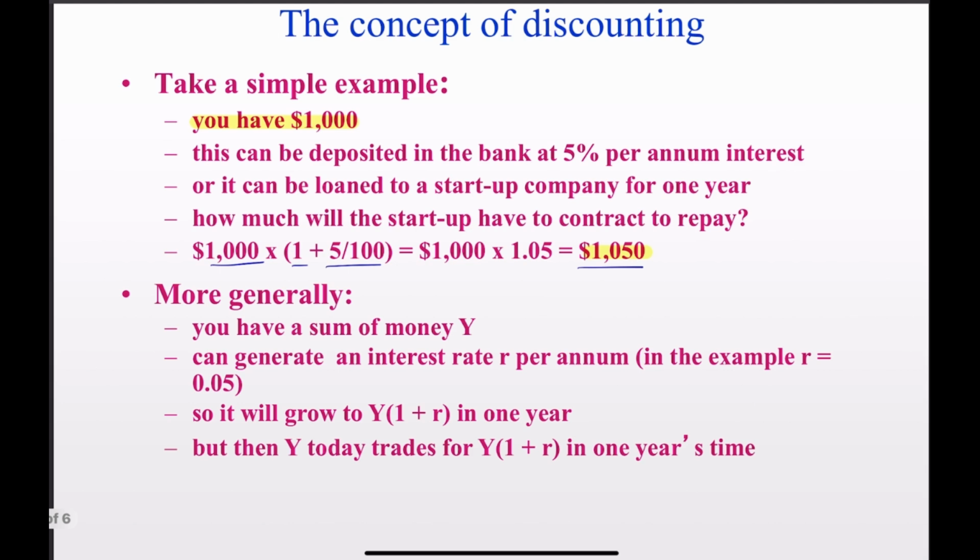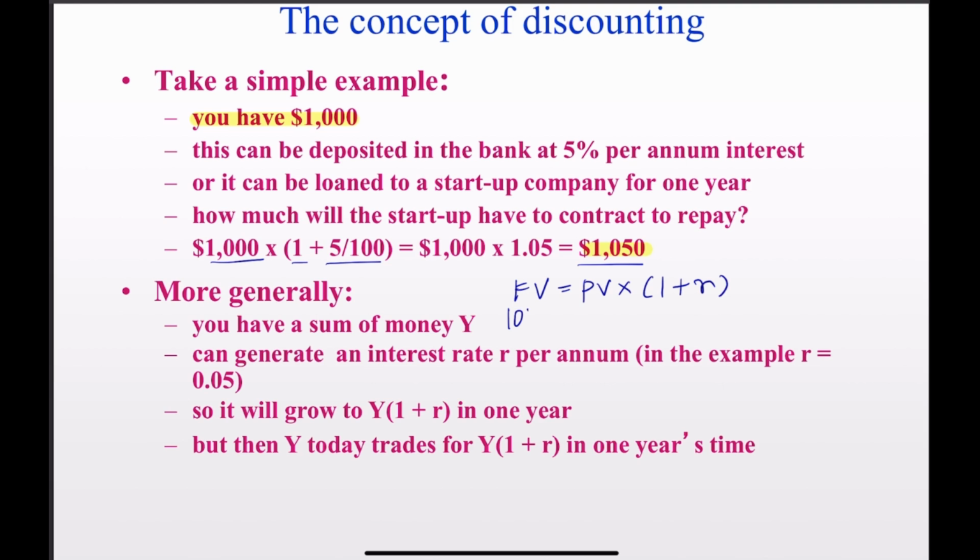So we can write this as a simple formula. Future value is your present value times 1 plus interest rate. In our example, your future value is $1,050, and your present value is 1,000 times 1 plus 0.05, which is the 5% interest rate.